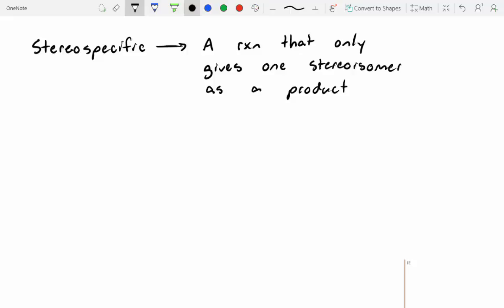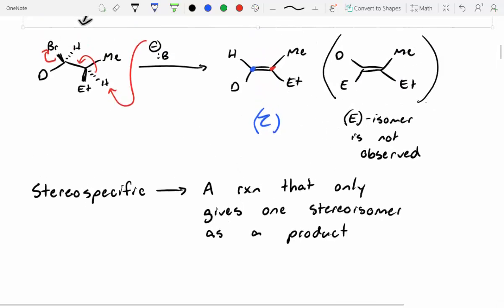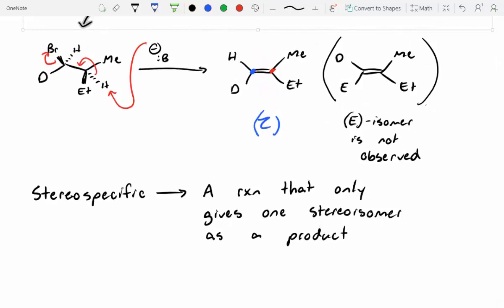If we were to look at this above reaction, you see how it only gave us one stereoisomer? This would be referred to as a stereospecific reaction.